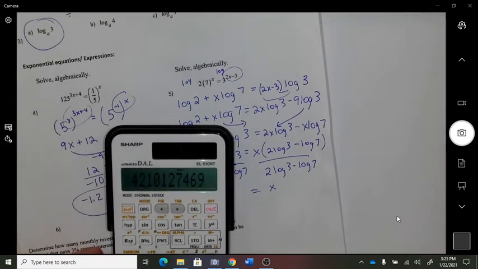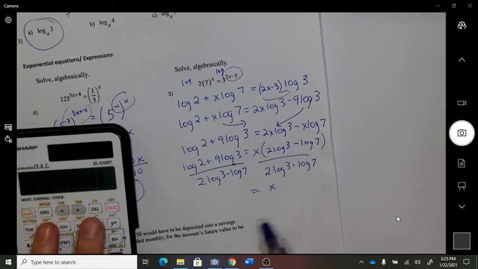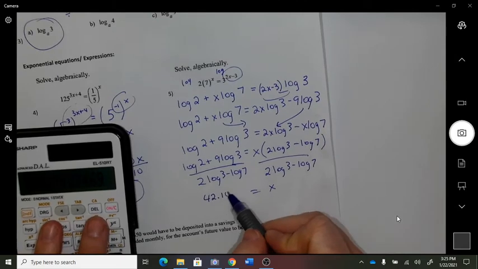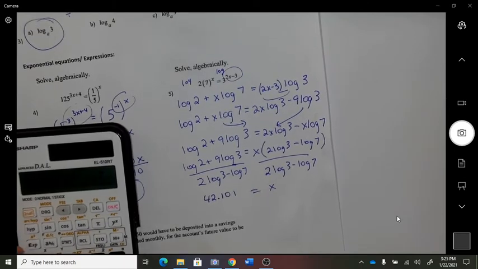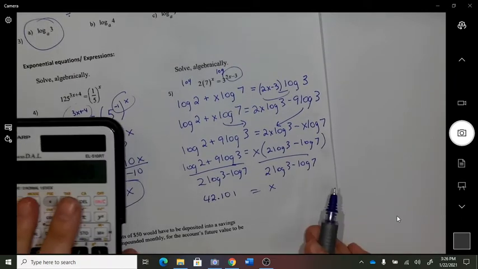Alright, let's see. 42.101. I think I'm actually just going to redo that because I kind of was messing up. So give me 2 seconds here. Okay, seems to work out again.